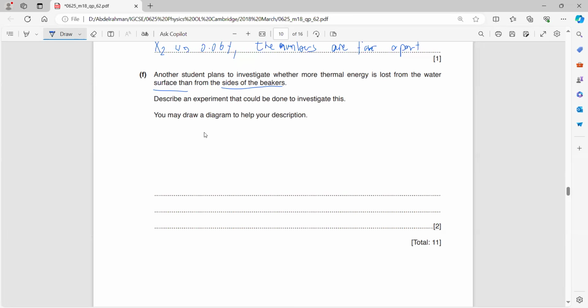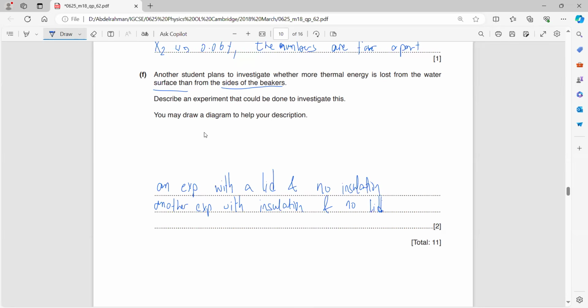That's it. So experiment one, for example, is an experiment with a lid and no insulation, and another experiment with insulation and no lid.